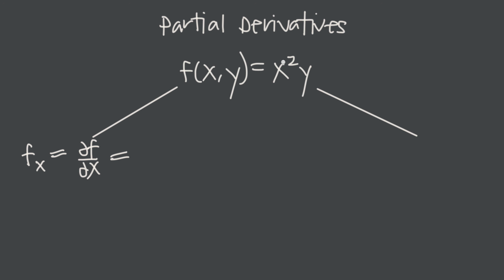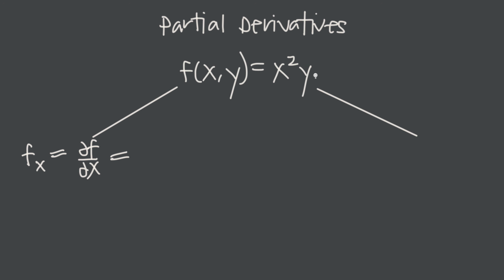You look at your original function, and we're going to be taking the derivative with respect to x. What that means is that you're going to be differentiating the x variable like you would if this were a single variable function, because you're treating y and any other variables in the function, for that matter, as a constant. So this gets a little tricky, but in this function we have x squared times y.